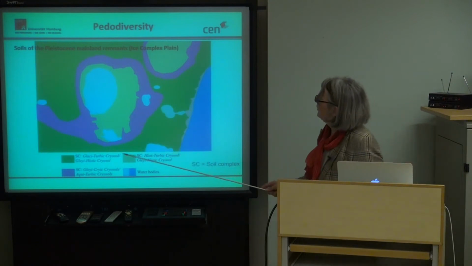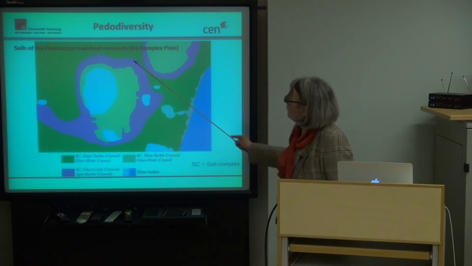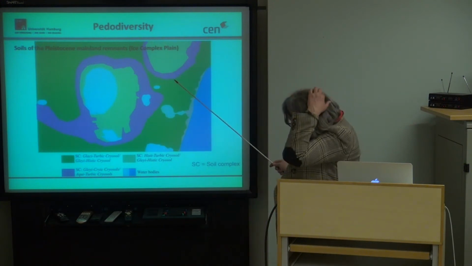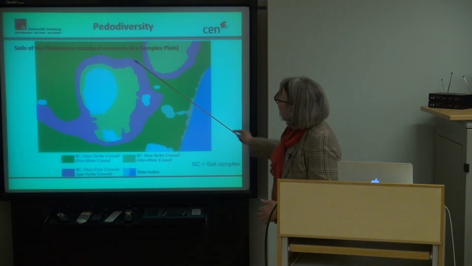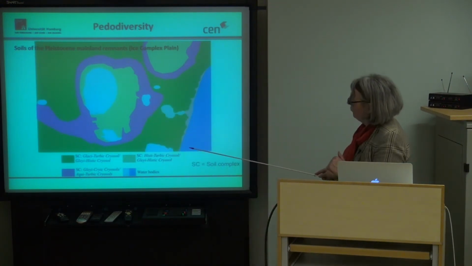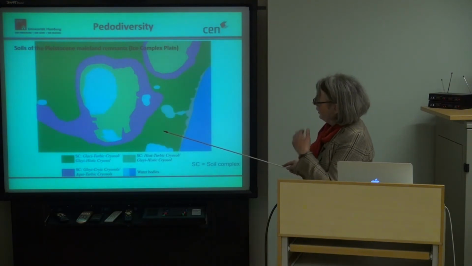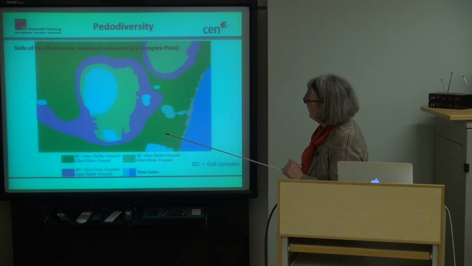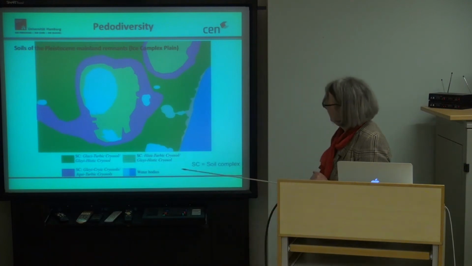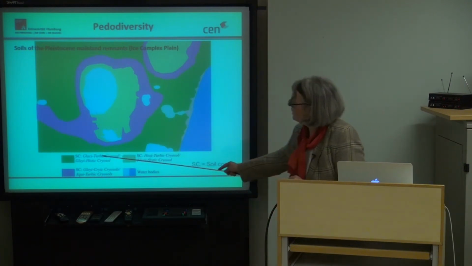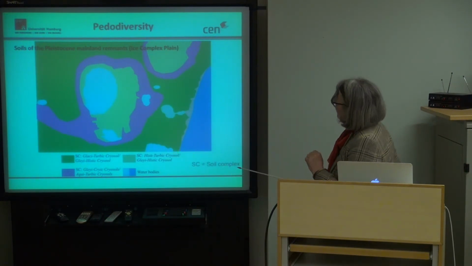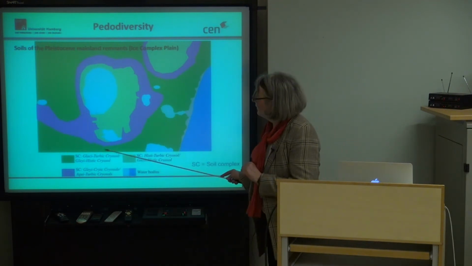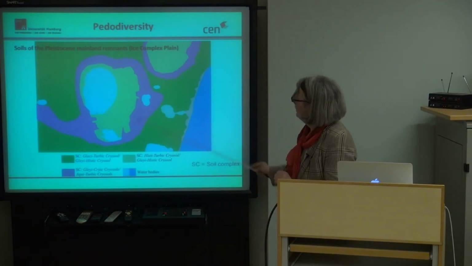Yeah, here you can see the first map from this detail of Kurungnakh Island. And what you can see, the green colors here are the plain part, which are dominated by polygonal tundra and sort of hummocks. As you can learn here, I will explain later, it was not possible to distinguish all the different soils, so we named them soil complexes and combined different qualities we found on the plain.